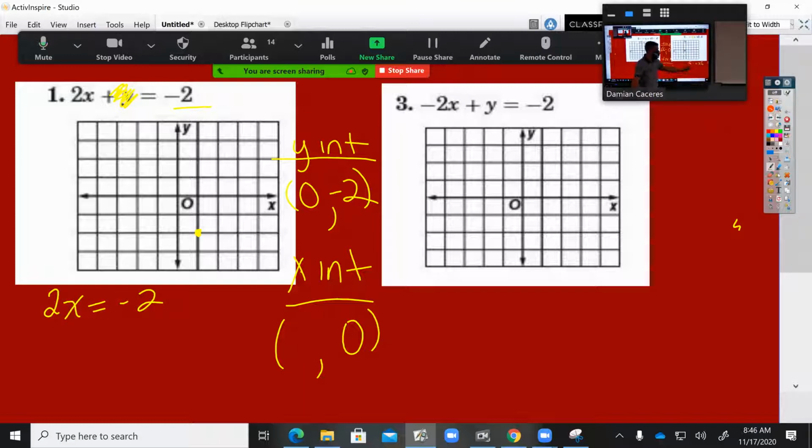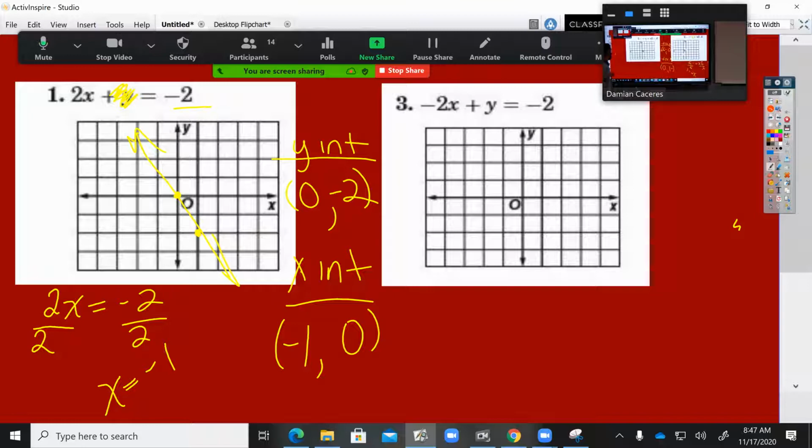Let's solve for x. All you have to do is divide both sides by the coefficient, and we get x equals -1. So my x-intercept is -1, comma 0, which is right here. Once you have 2 dots, you can draw a line. We just graph the line using the x and y-intercepts.